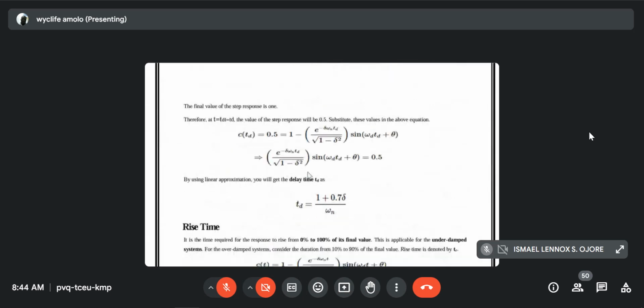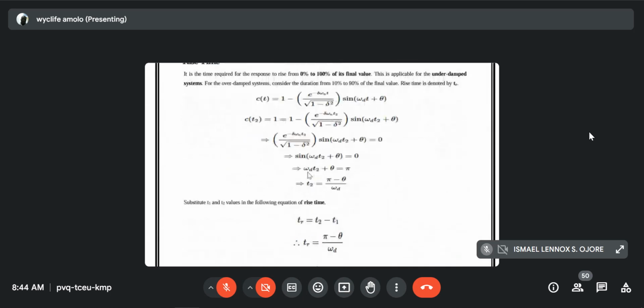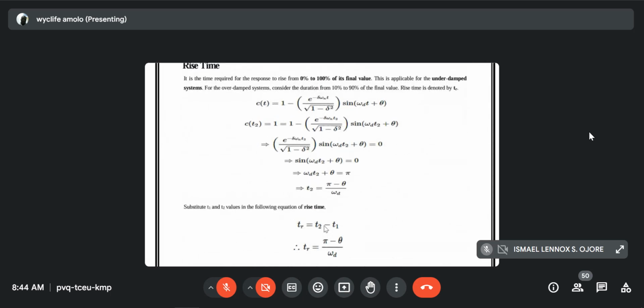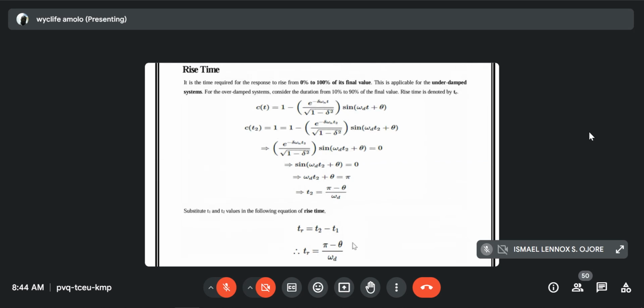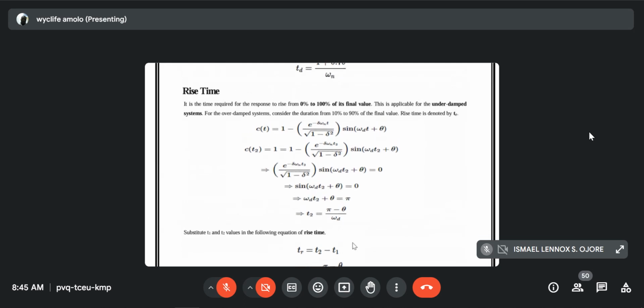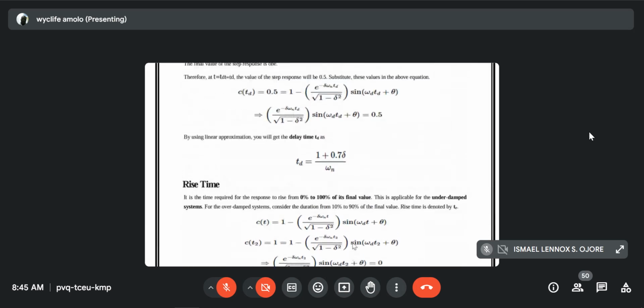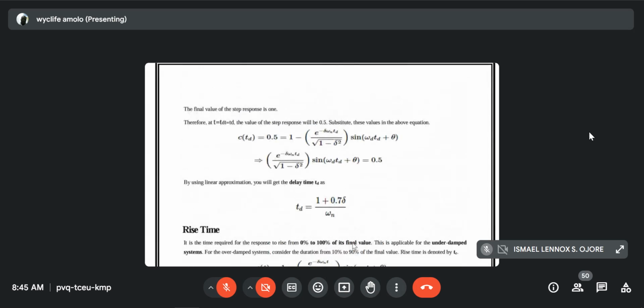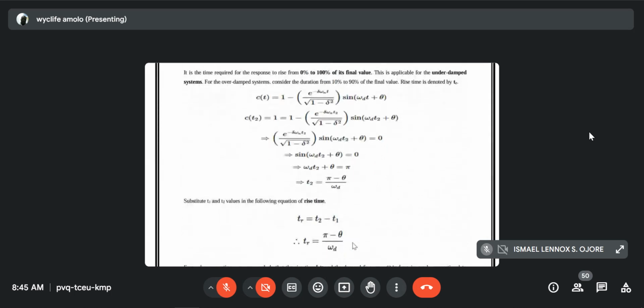So T2 is supposed to be this expression. T1 is here, of the given theta.